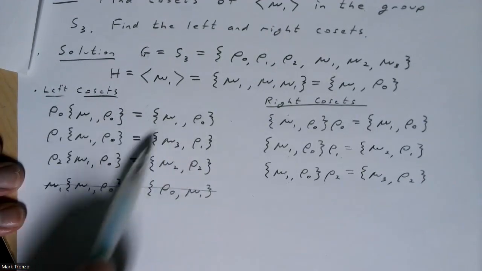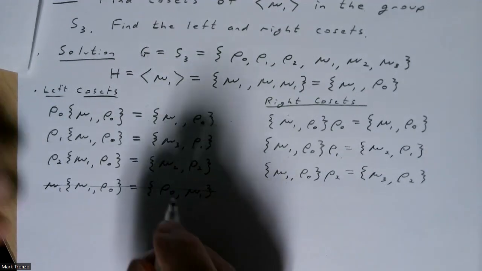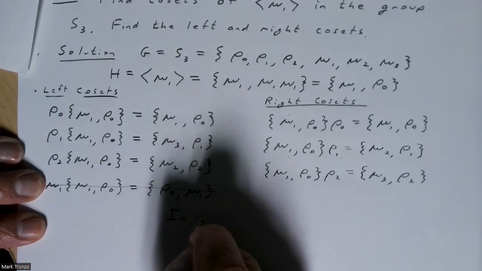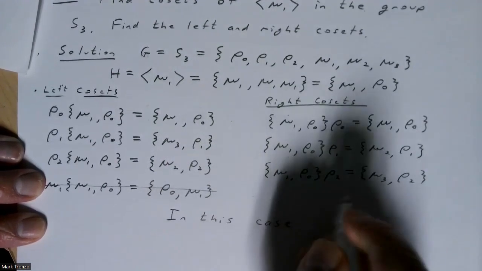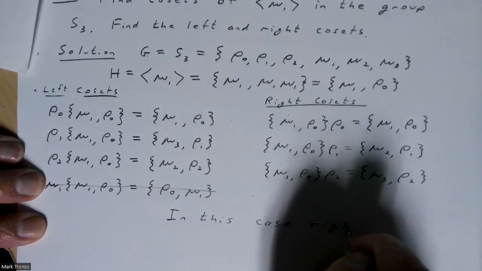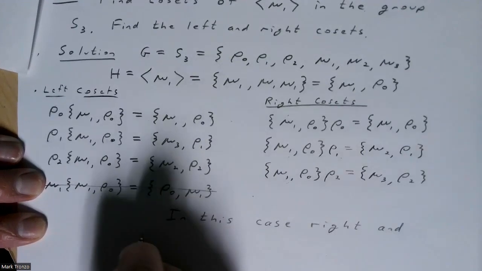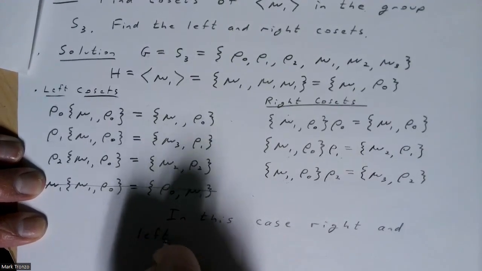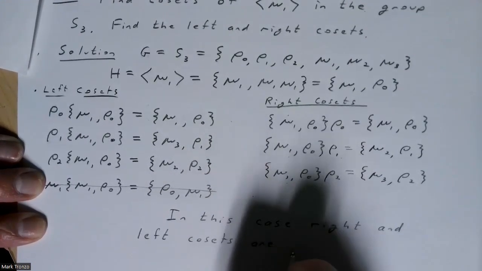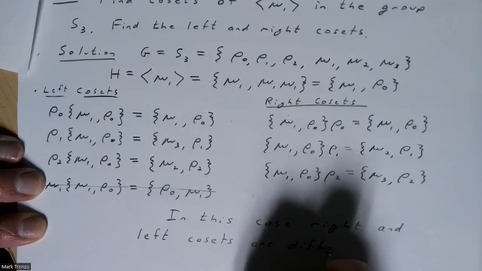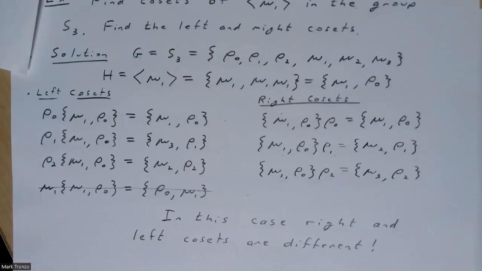So these are the left cosets, and these are the right cosets. So that shows that they're not always going to be the same.